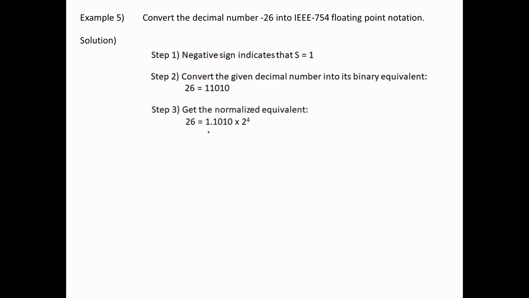How to get it? You assume a binary point at the rightmost. So how many times do we shift? 1, 2, 3, 4. That's why 2 power 4. This is the normalized equivalent.